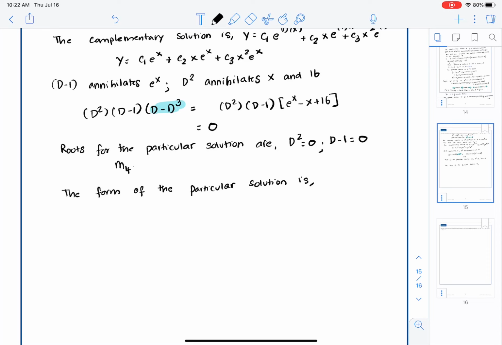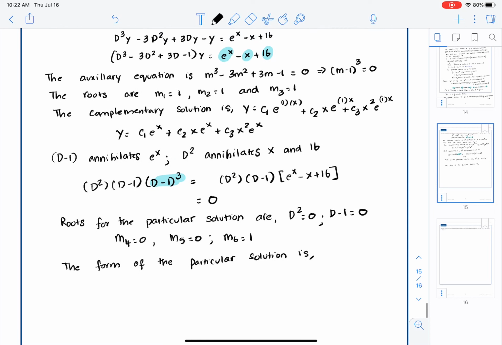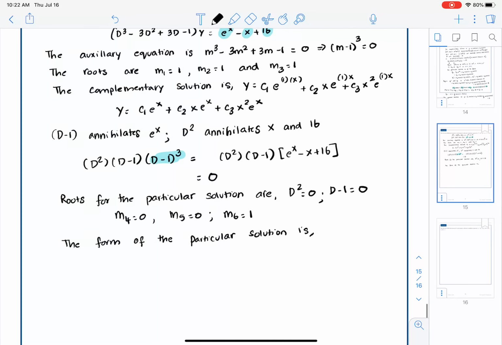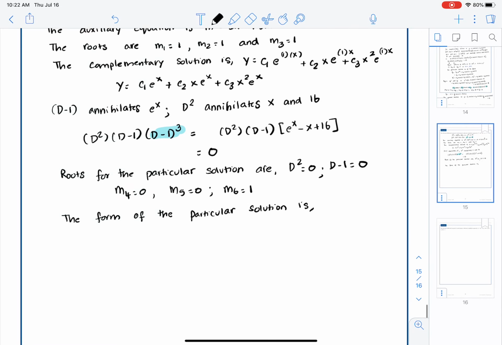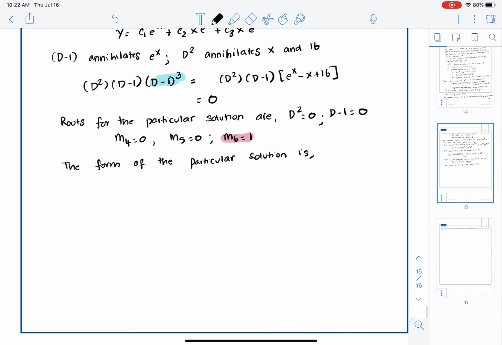So M4 is 0, M5 is 0, and M6 is 1. We already have one root that would be replicated, which is M6 equals 1. And here we have two repeating roots.